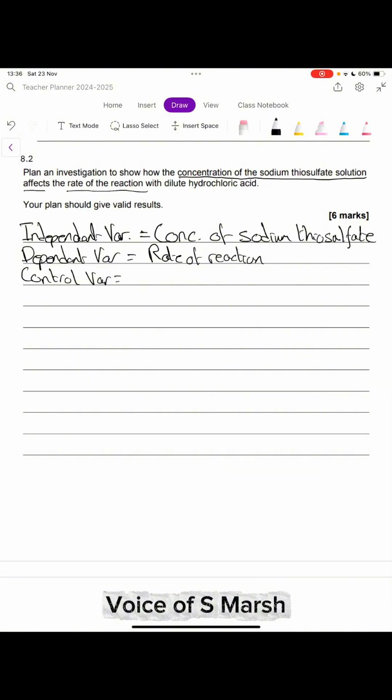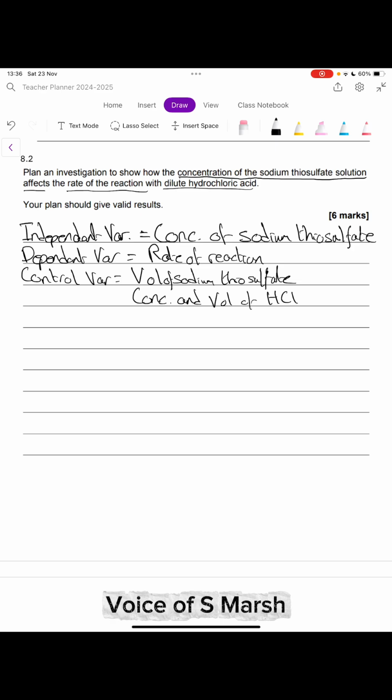So we're changing the concentration of sodium thiosulphate, but we're keeping the volume of sodium thiosulphate the same. We're also keeping the dilute hydrochloric acid the same. So the concentration and volume of HCl is staying the same.